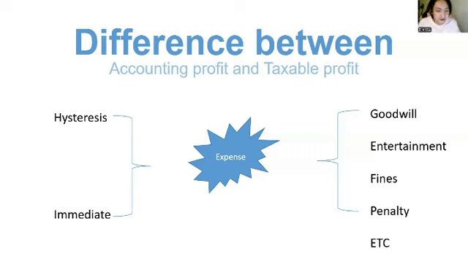The difference between accounting profit and taxable profit is because of the difference in perspective. Accounting profit is to provide financial performance for stakeholders, while taxable profit is to calculate the tax payable to the ATO in actual business running.